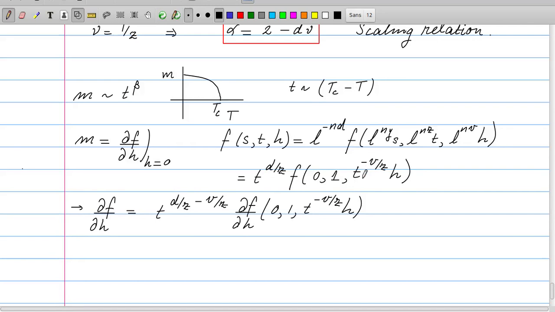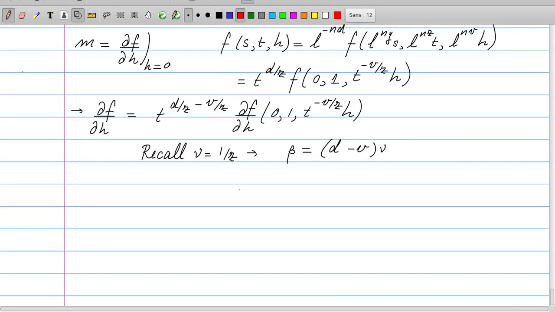And using the fact that t to the power minus 1 over z is equal to L to the power n, we can find that the last number preceding the h is t to the power minus v over z. Then, if we take the derivative of f with respect to h, we get the third derivative of f, and because of this prefactor and the chain rule, in addition to this prefactor t to the power d over z, we are obtaining an additional factor t to the power minus v over z.